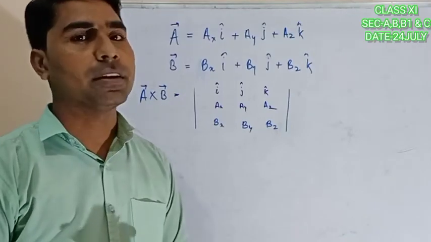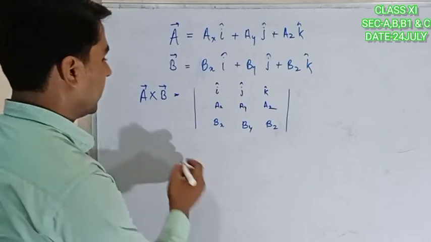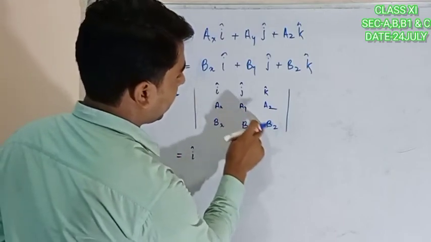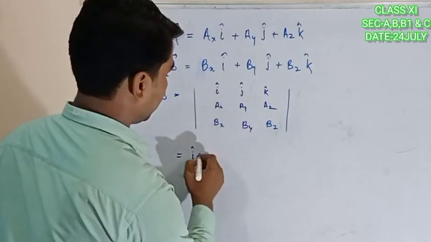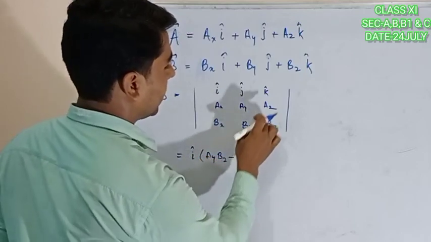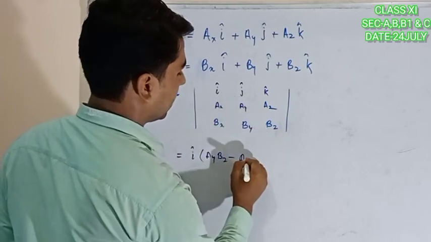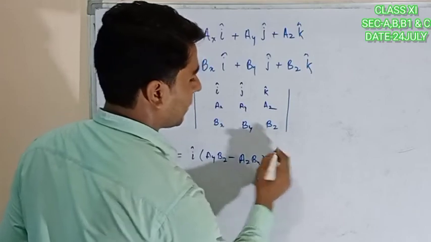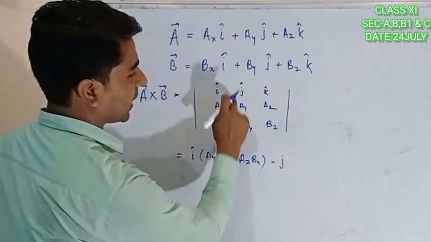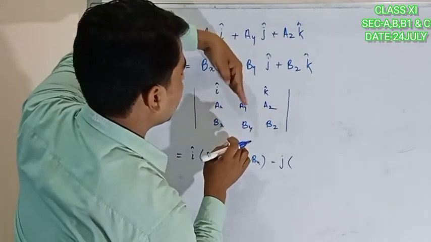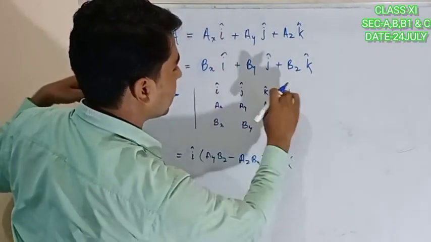In the determinant method, we can write very easily: first you write i cap, then the bracket ay bz minus az by, then minus j. Remember, first one i will be positive, second one j will be negative. When taking j, remove this row and this column.